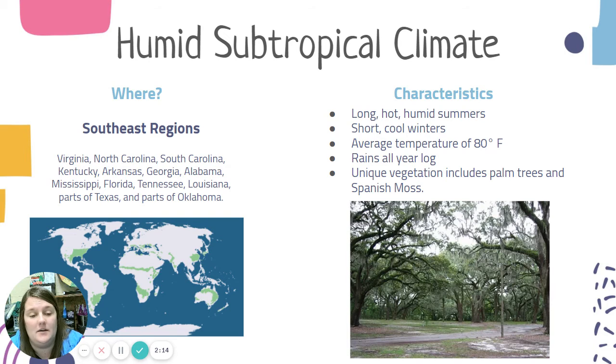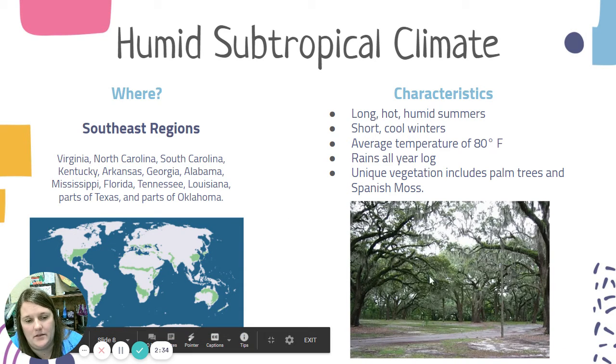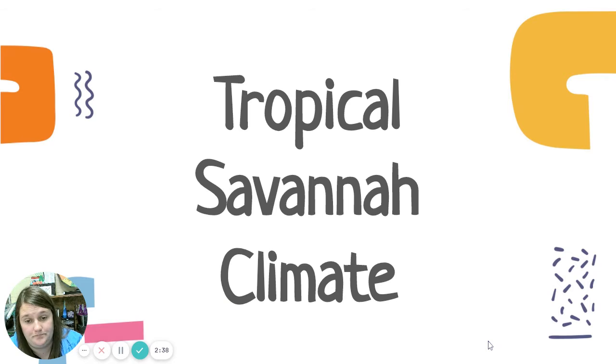This is going to be long, humid summers, short, cool winters, but not super cold. Notice that the word cool was used, not cold. An average temperature of about 80 degrees Fahrenheit. It rains all year long. There's more rain there than anywhere else really in the U.S. And then it also has some unique vegetation like palm trees and Spanish moss. Spanish moss is what you see here, this vegetation that hangs off the trees.